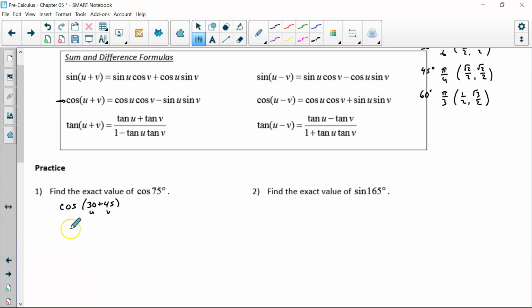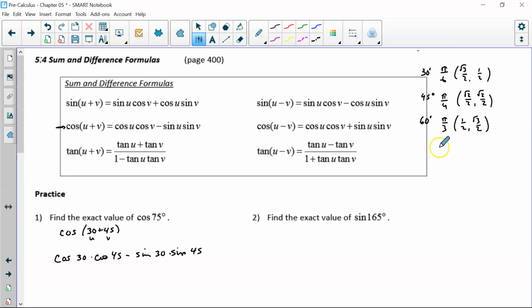So to find that, it's the cosine of u, or the cosine of 30, times the cosine of v, which is 45, minus the sine of u, which is our 30, times the sine of v, which is 45. Now, the sine is our y, and the cosine of theta is our x.